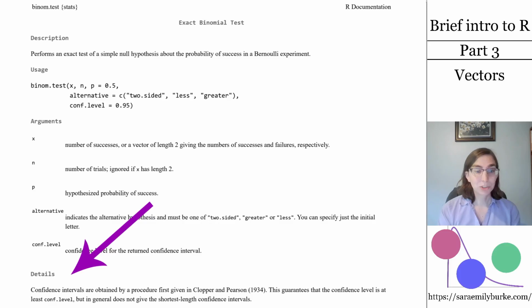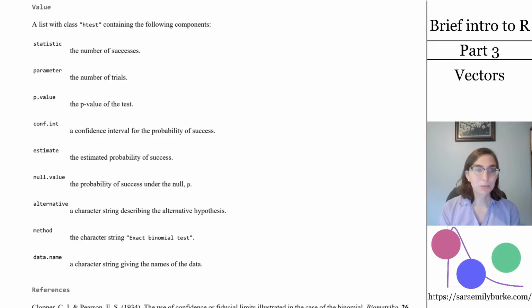Then we have a section of the documentation page called Details that gives you an explanation of what the function is doing with considerably more detail than the initial description. And finally, a section called Value that explains what output the function gives. Usually, statistical functions will give an output in the form of a list, and that list will have many elements, and each element will be explained here.